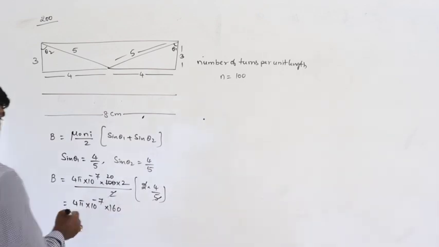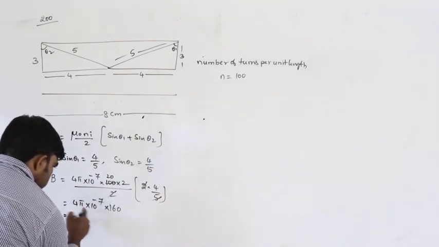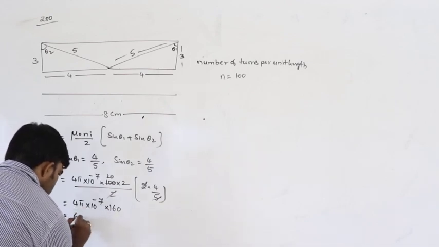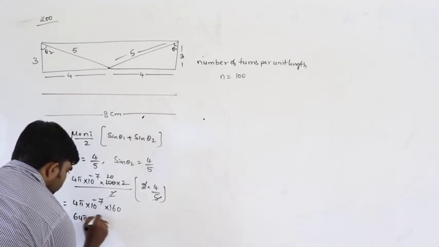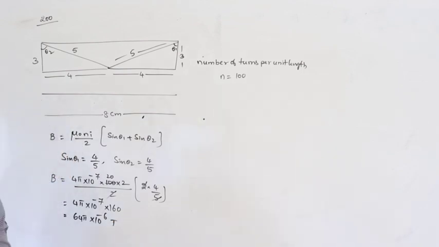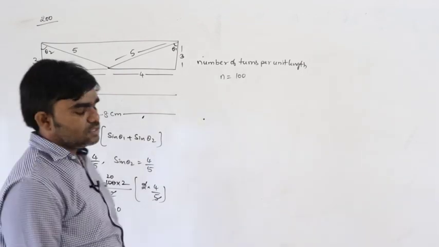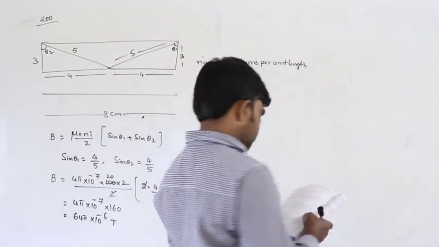So that means 16 4s are 64. 64 pi into 10 to the power of minus 6. Magnetic field unit is Tesla, and 10 to the power of minus 6 is considered as micro Tesla.